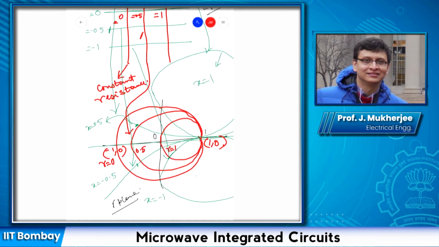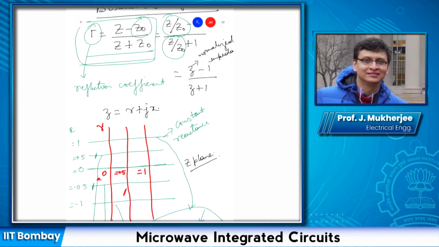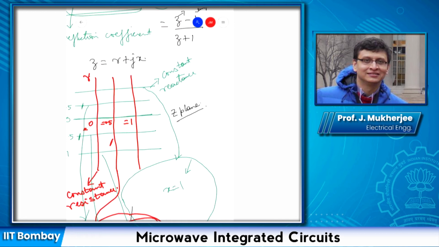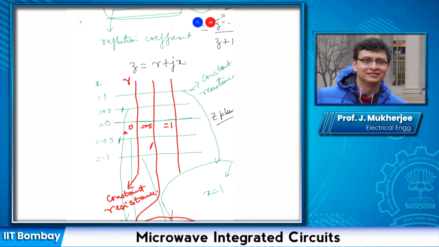Okay, so the normalization procedure I have shown. Say there is a particular point. We shall see how to locate particular points on that. But just to give you an example, say we have this point.